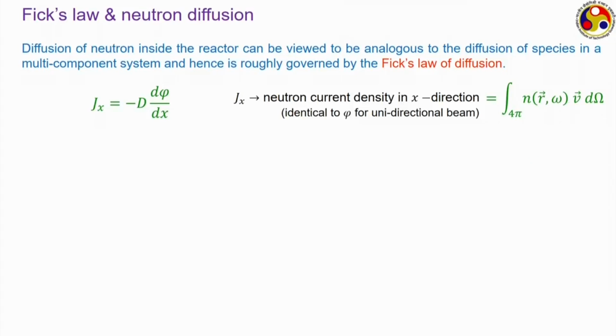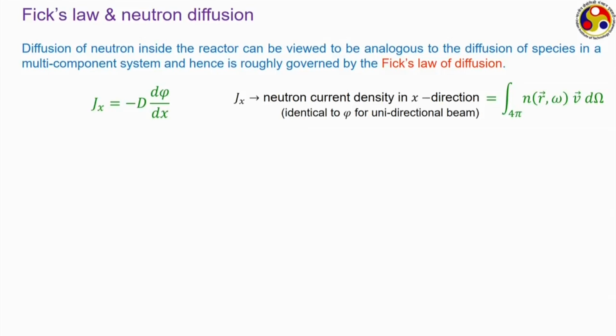You can think about it this way: it is possible that there is no net motion of the medium, yet a significant amount of interaction is taking place. That means the net velocity of the medium is 0, but there may be individual components participating in interactions, oriented such that their net comes to be equal to 0. So, neutron current density is a vector and neutron flux phi is a scalar.